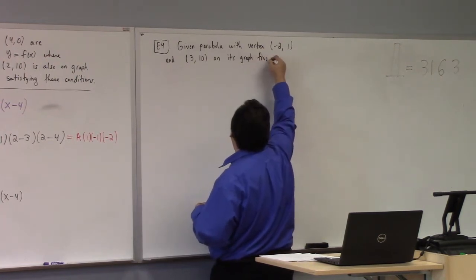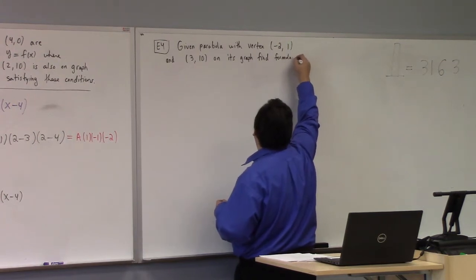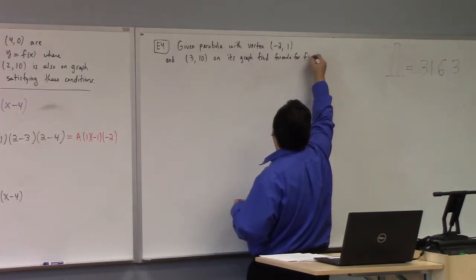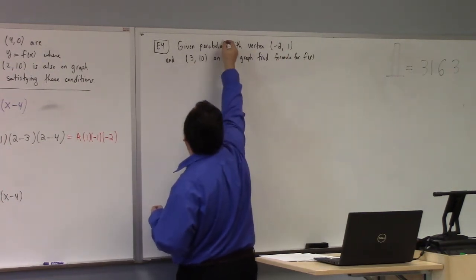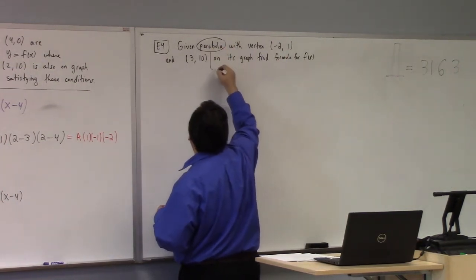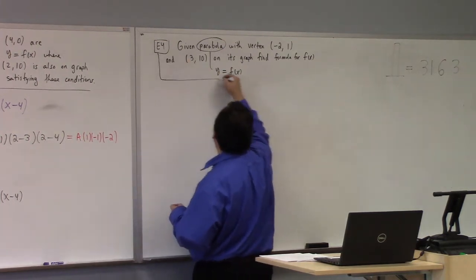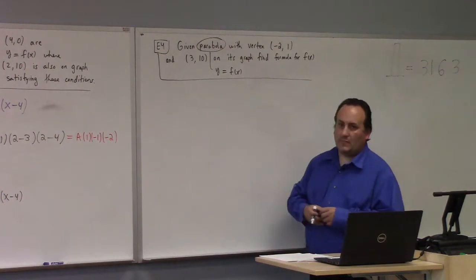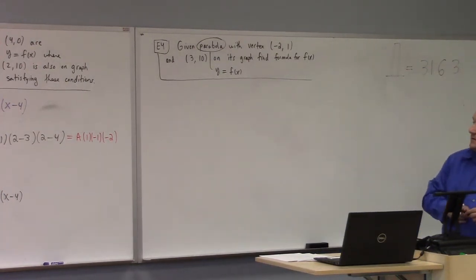Find a formula for f of x. Right, so I'm saying that the parabola is y equals f of x, okay? So I want to know what's the formula for that parabola. So how would you solve a problem like this? What's the right starting point for a problem like this?